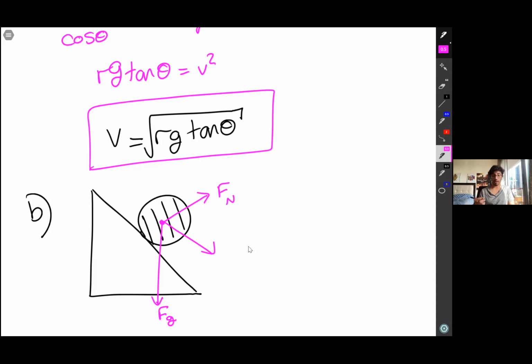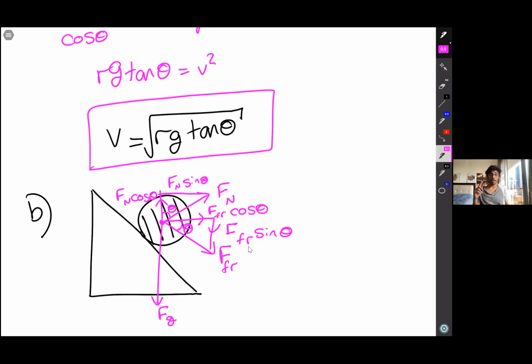Now let's resolve Fn, and I'll call the frictional force FFR, into components. Again, we have Fn cos theta acting upwards and Fn sine theta acting horizontally. Resolving FFR, the component acting downwards will be FFR sine theta, and the one acting horizontally will be FFR cos theta.